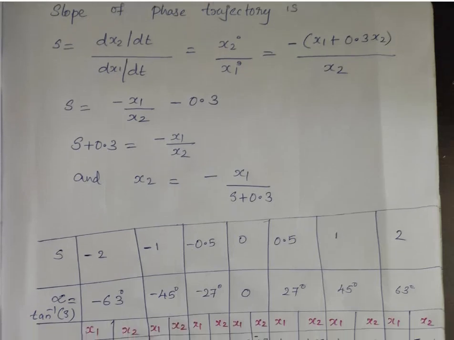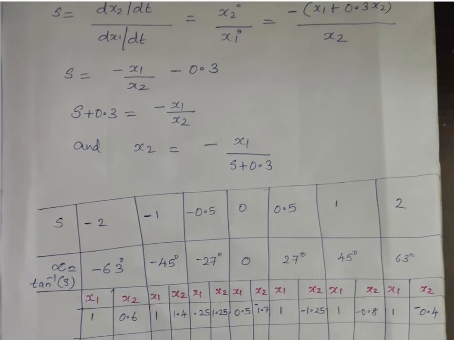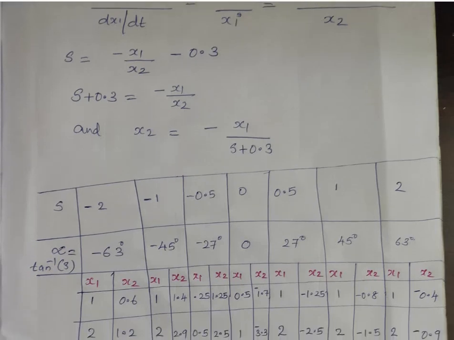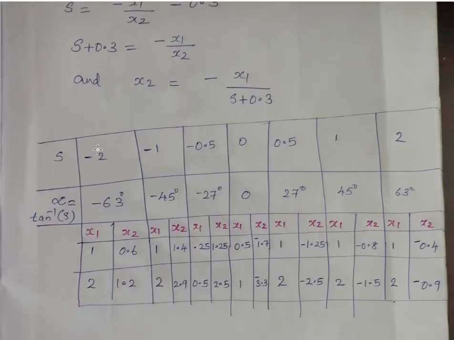The next step is we have to substitute different values for S. For this problem I am selecting minus 2, minus 1, minus 0.5, 0, 0.5, 1 and 2 as the different values of S. And the next step is we have to find angle alpha.